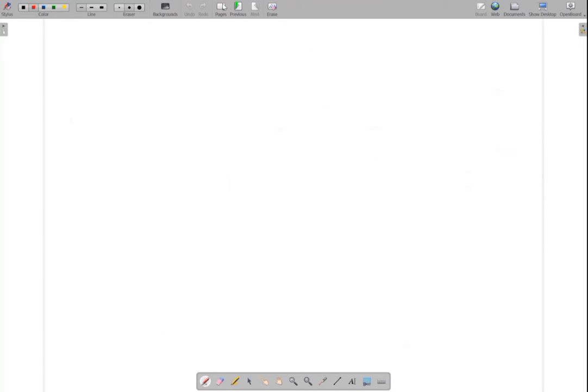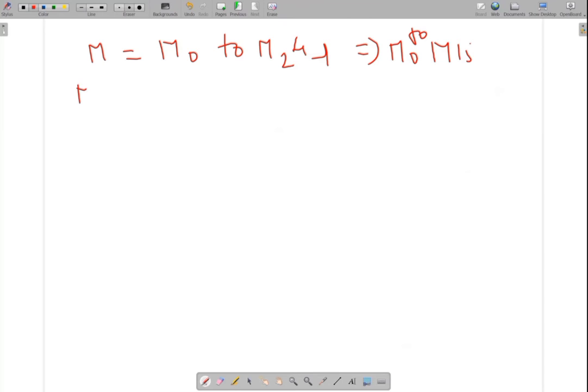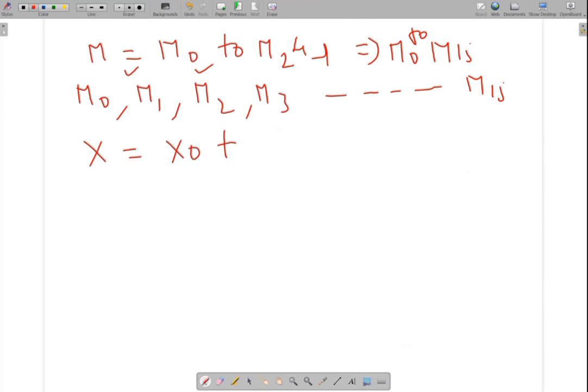Next, coming to all possible message vectors, M is equal to M0 to M 2 power 4 minus 1. That means M0 to M15. M0, M1, M2, M3 up to M15. M1, M2 completed. Coded words are also X, the encoded cyclic code vectors, X is equal to X0 to X 2 power k minus 1.